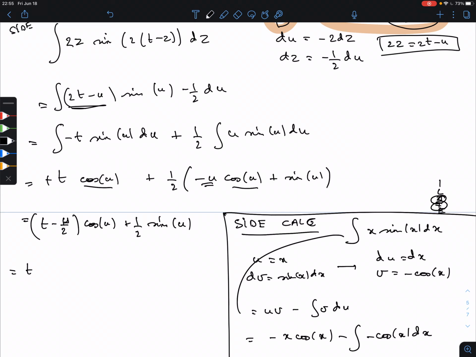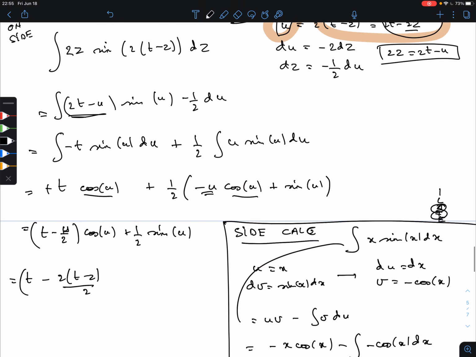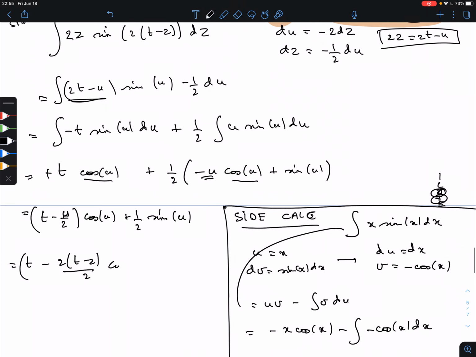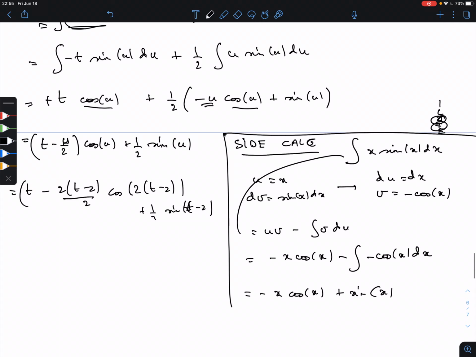So this is t minus, u was 2 times t minus z, and I have to divide it by 2, right? And then cosine 2 times t minus z plus a half sine 2 times t minus z. Okay, these two cancel, and then I get t minus t plus z.